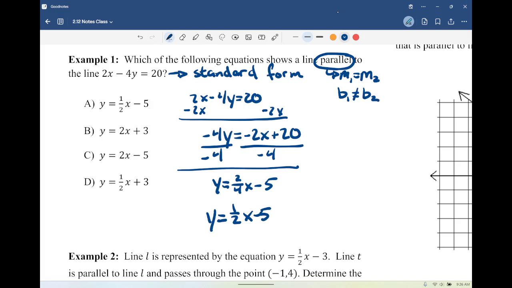Which two options can I get rid of very quickly as possibilities? Ashnay. B and C. Why can I quickly get rid of B and C? You can quickly get rid of B and C because they don't have the same slope as one half. Absolutely. They don't have the slope of 1/2. They're automatically out. And so I'm left with A and with D.